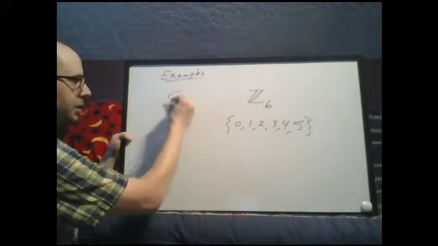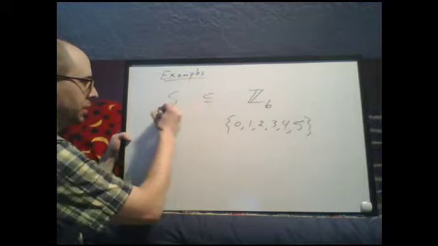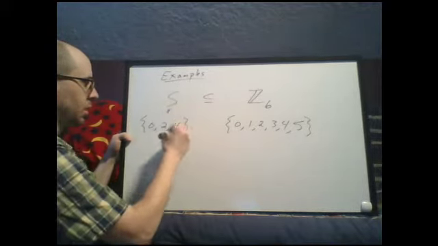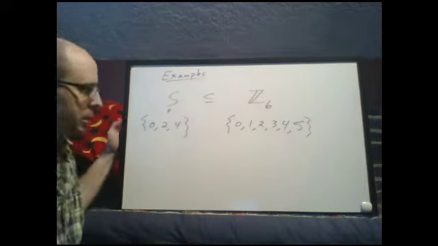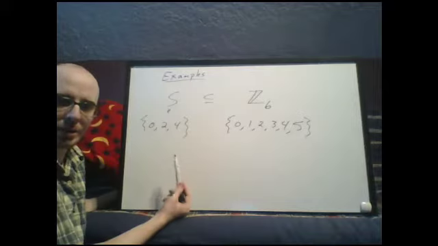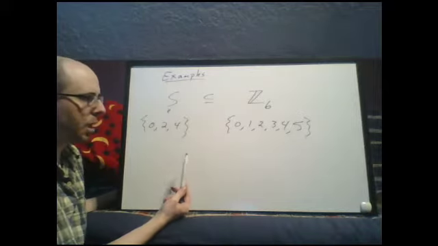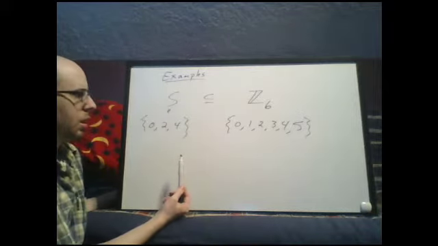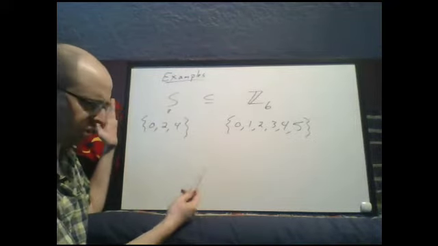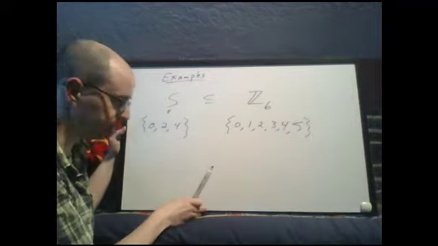So this will be S. But S is the set 0, 2, and 4 under mod 6 operations. So this is a ring. It's closed under addition and multiplication mod 6. We'll talk about a subring test in a little bit.